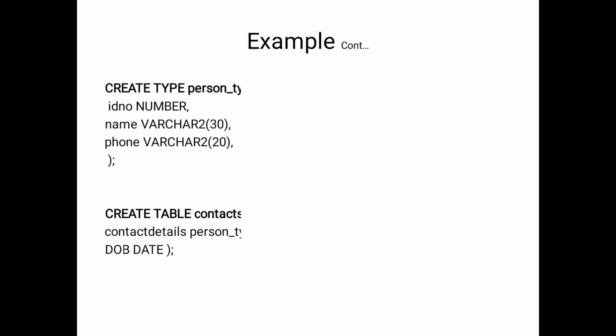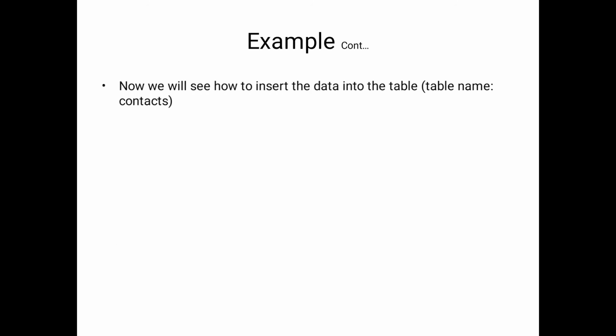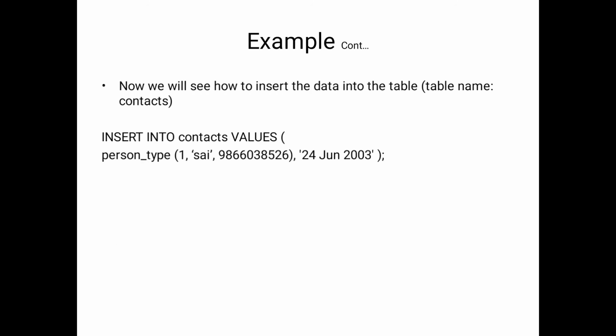Now we will move to another example. Please observe here how to insert the values into that particular table. Table creation is already completed with 4 fields: the first 3 fields related to the object and another new field, the date of birth field.